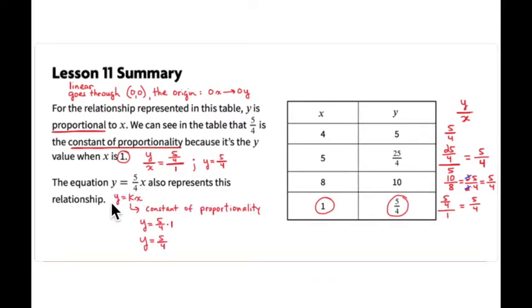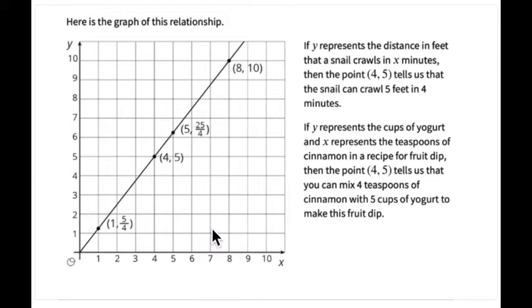So look at the form of the equation for a proportional relationship, y equals kx. That k, once again, is the constant of proportionality. So when x is 1, y is equal to 5/4 because it's 5/4, the constant of proportionality, times 1 equals 5/4. So a couple of examples will make this clearer.